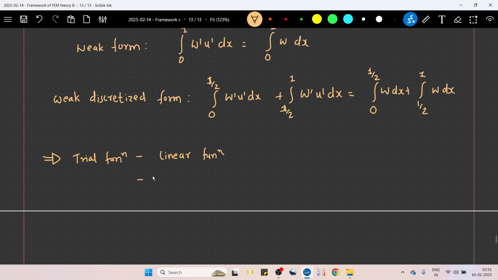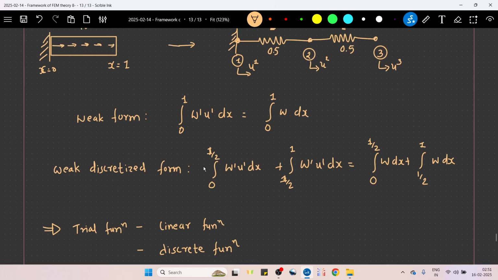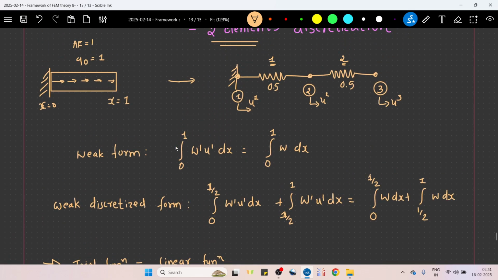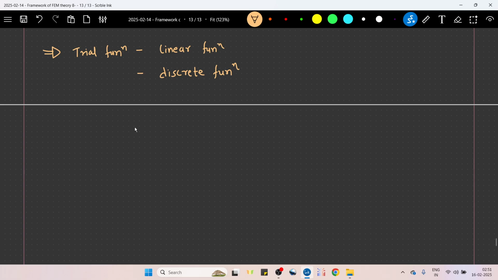And what is the other thing? It is a discrete function, right? So let's assume the trial function in the form of discrete node solution and shape functions.